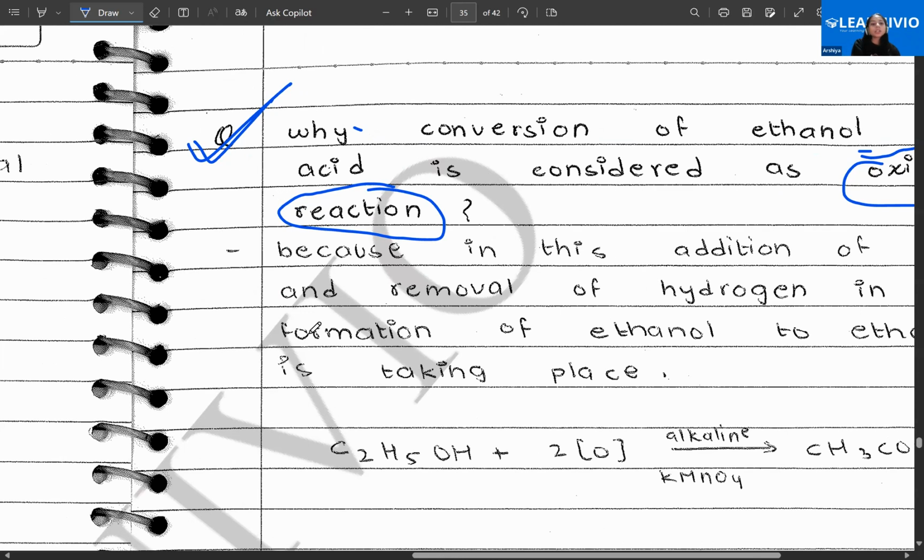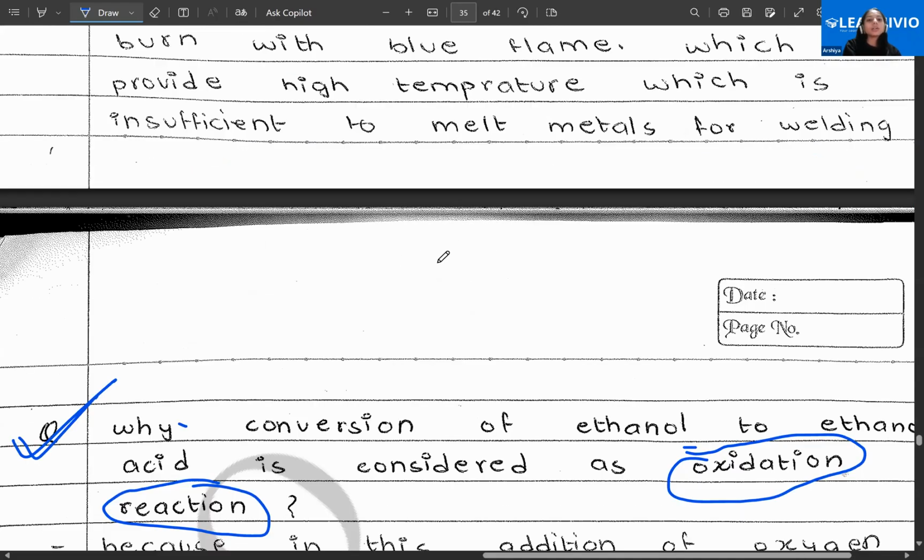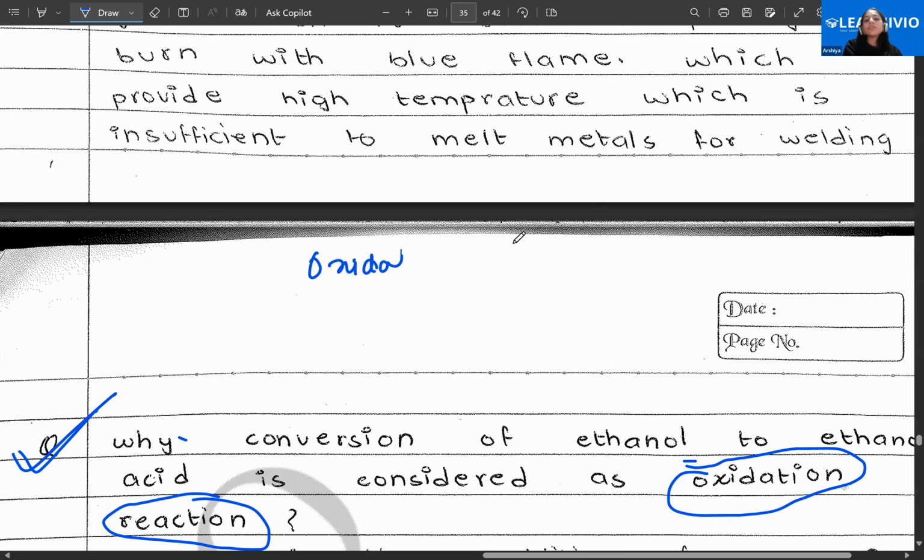No, no. In the first chapter, we did oxidation reaction, right? Two things happen in oxidation. First is addition of oxygen, and removal of hydrogen, right?